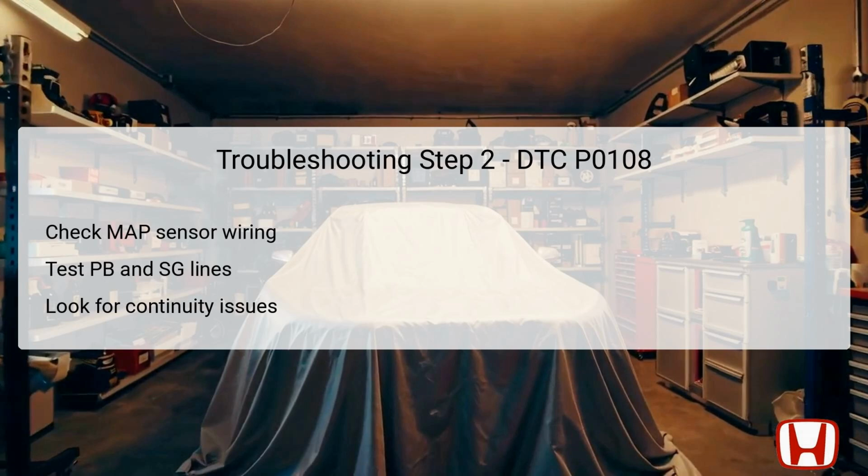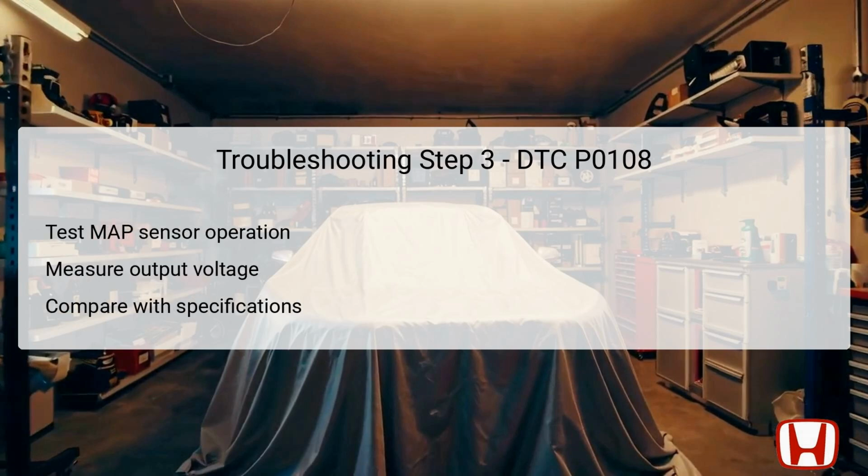Utilize a multimeter for accurate readings while measuring resistance levels, ensuring they fall within the manufacturer's specified range. Any discrepancies in readings may indicate damaged wiring that needs replacing.